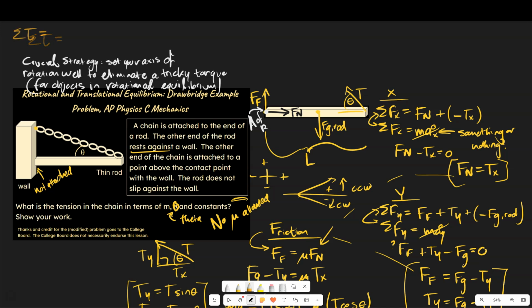So we've got some torque from the friction, and we've got some torque from the tension, and we've got a negative torque from the force due to gravity.